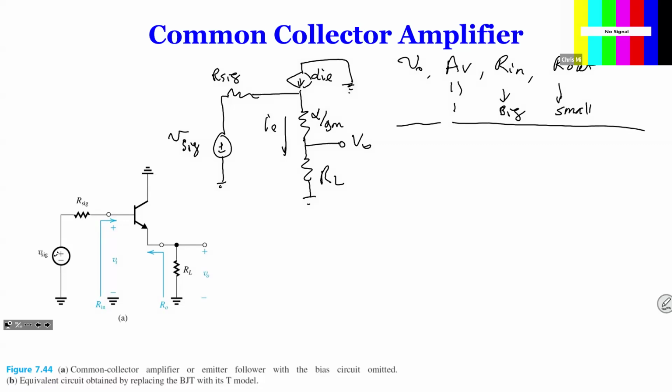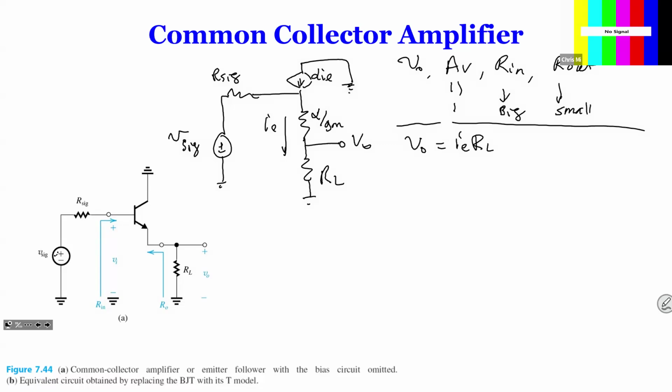So first of all, if we find VO, VO is going to be, not alpha, sorry, IE times RL, because IE flows down through that branch.